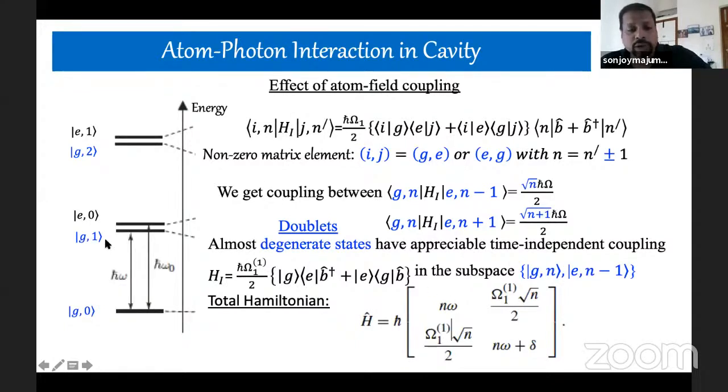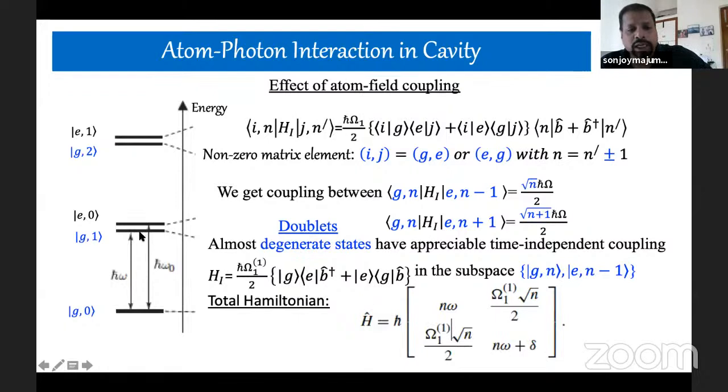If I just consider n equal to 1, this one will be just omega here because G1 is considered. G1 will have an energy of just one times omega. Similarly, in that basis, E0, say n equal to 1, what would happen?